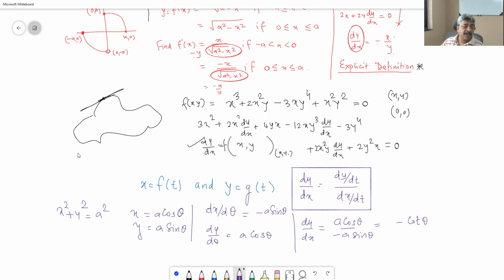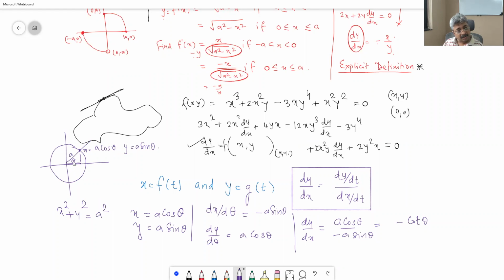And what is theta in this case? This is the angle theta, and you are talking about this point. x is a cos theta. That means you are talking about a cos theta. This is the angle theta I am talking about, and y coordinate is a sin theta, right? So what is cot theta?